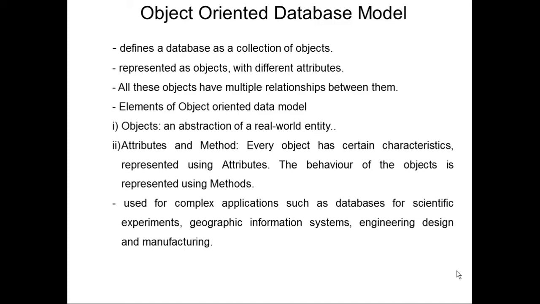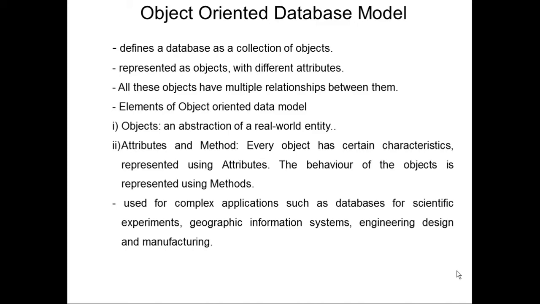There are different elements of the object-oriented database model. That is object, which is the real-world entity, for example person, book, like this. Then attributes, which are the characteristics of the object. Then method. Method means what process, what behavior is performed on the object.